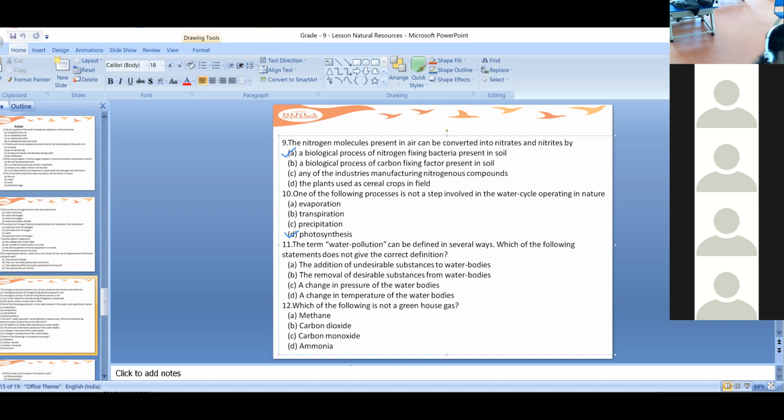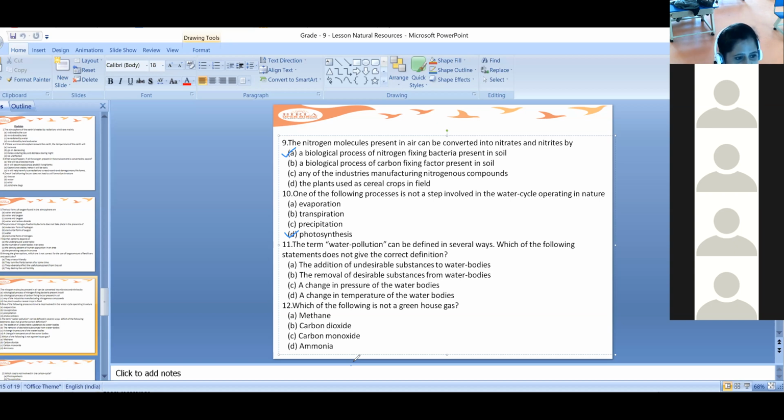Now, the term water pollution can be defined in several ways. Which of the following statements does not give the correct definition? I'm repeating the statements. Number one, the addition of undesirable substances to water bodies.